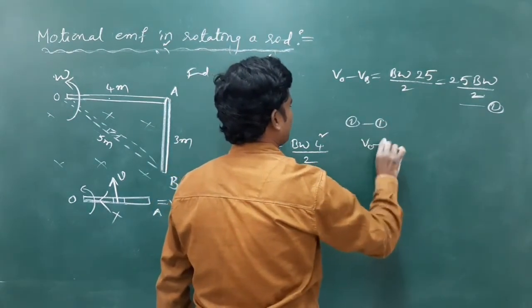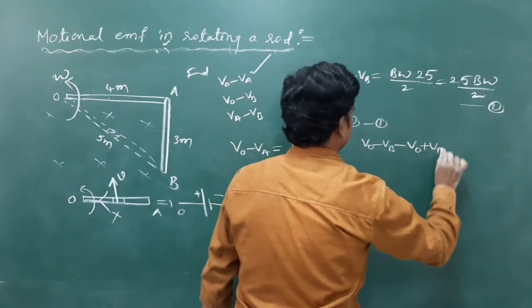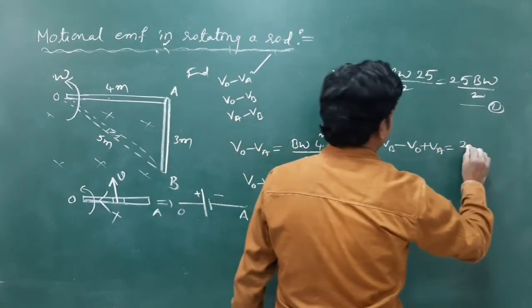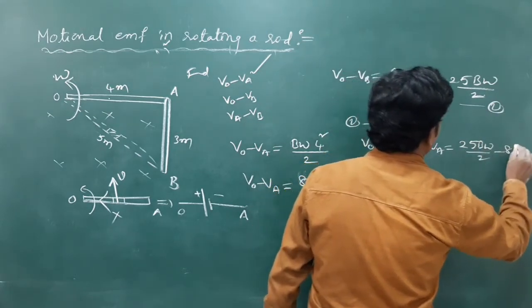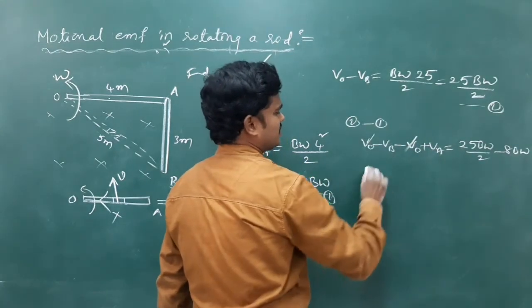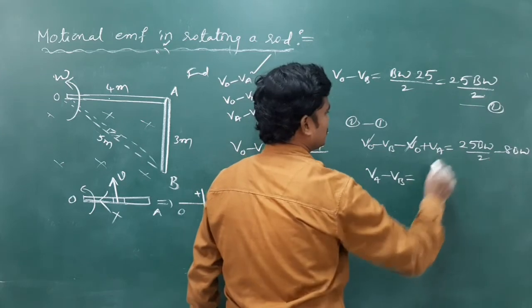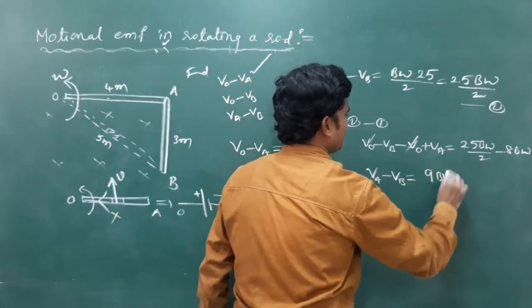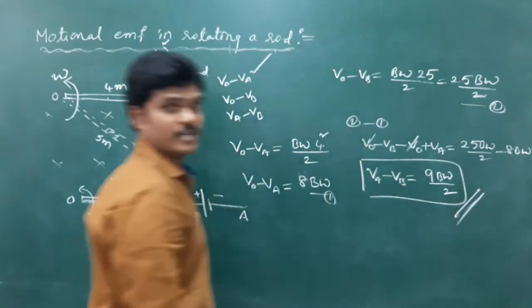VO minus VB minus VO plus VA, 25 B omega by 2 minus 8 B omega. Here VO gets cancelled, VA minus VB is equivalent to 9 B omega by 2.